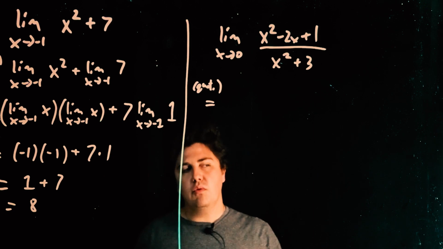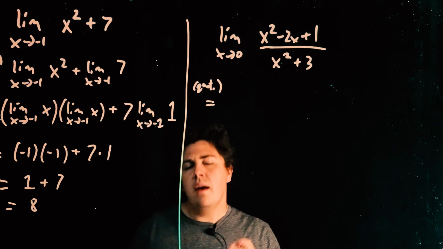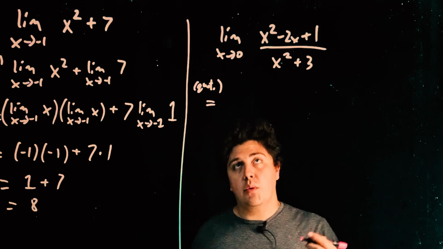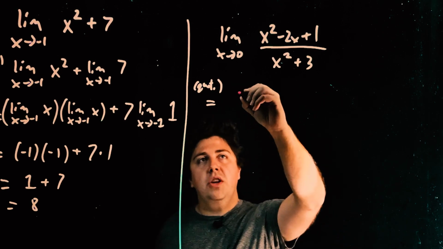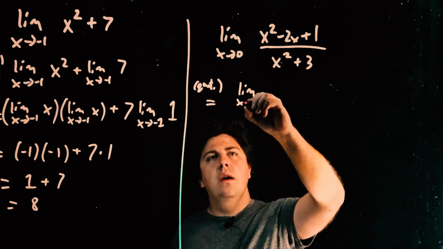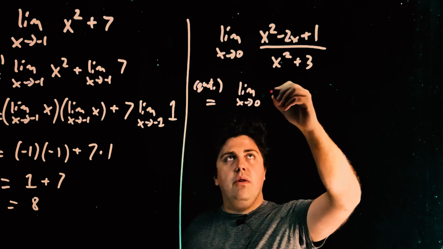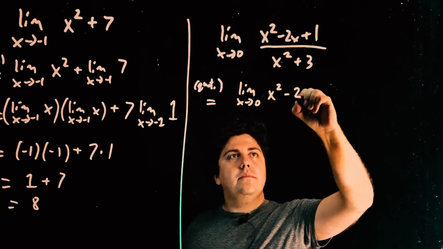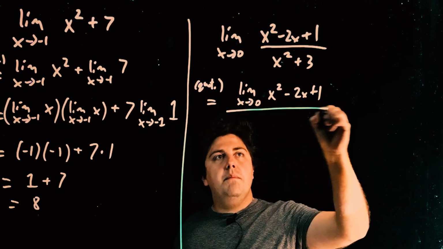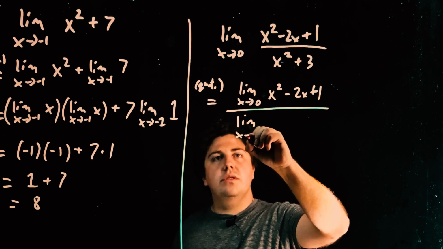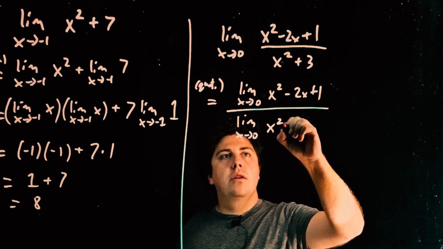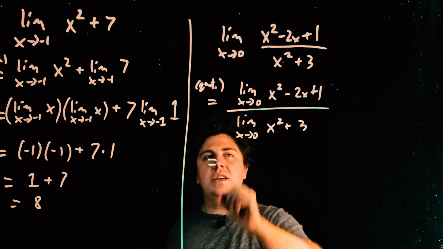There's no formal rule that you have to write it this way. I just want to give a rough indication of what we're doing, and I suggest you do the same when you work out your own problems. So we're just taking the limit as x goes to 0 of the top divided by the limit as x goes to 0 of the bottom. We know we can do this, so let's just proceed from here.